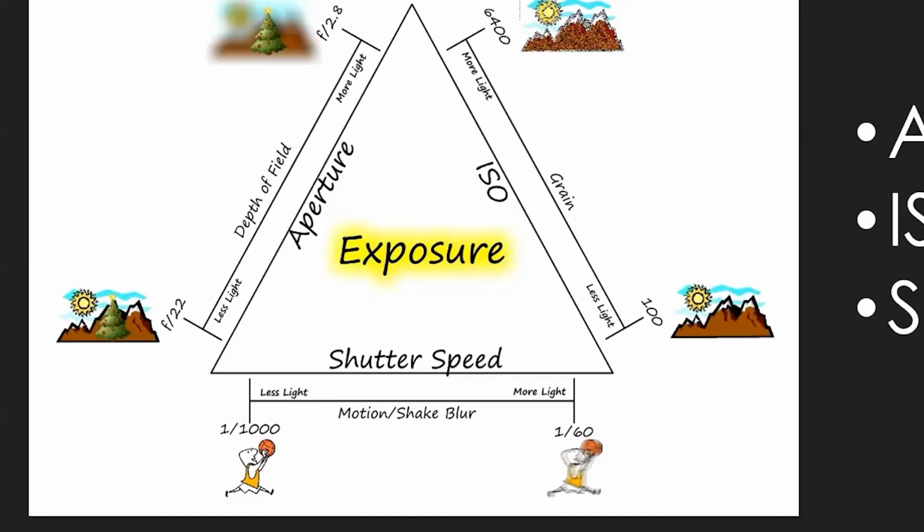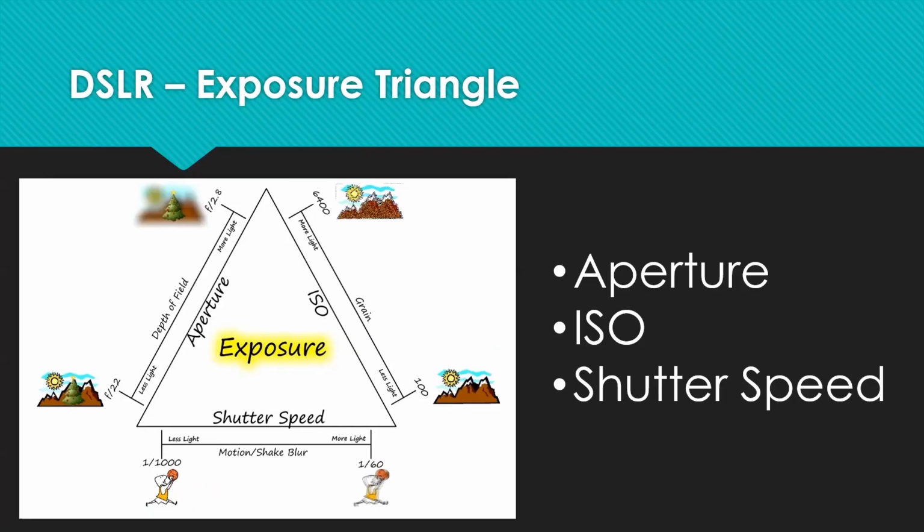So keep the ISO in one place, and change your depth of field and the shutter speed to get a great-looking picture with your DSLR camera.